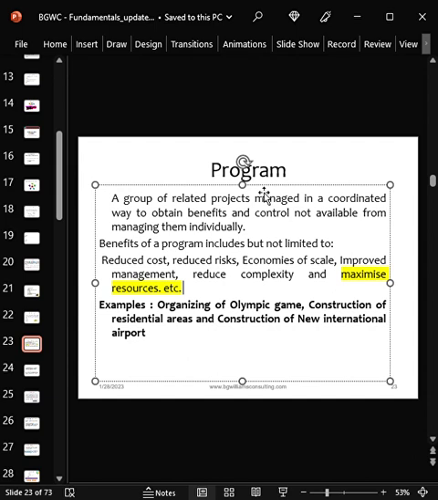You're going to do rural electrification that will light up everywhere in that residential area you are working on. You're going to ensure that there is a coordinated drainage system. All these are different projects, but the organization decides to manage them as a program so that they can obtain benefit.